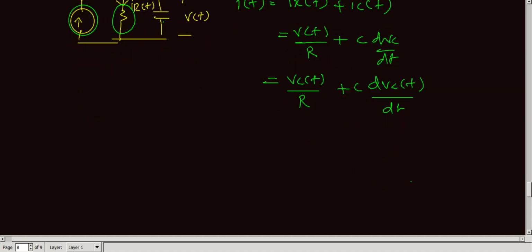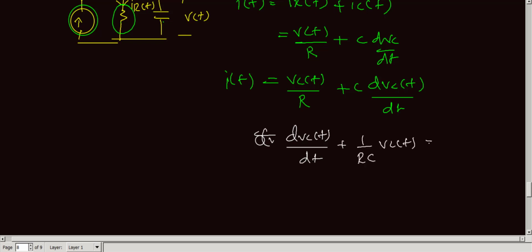So I represent it in differential equation form: dVc of t by dt plus 1 by RC Vc of t equals 1 by C into I of t.